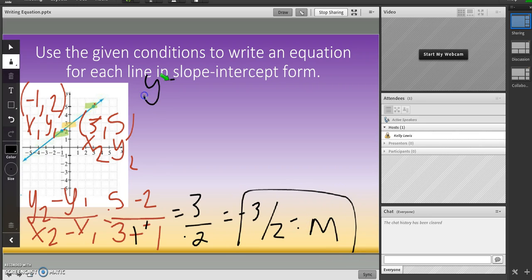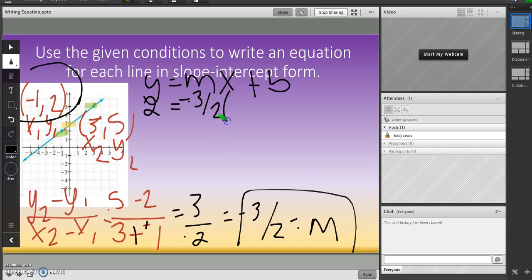So we have y equals mx plus b, slope-intercept form. I'm going to use this point just because it's smaller and first. So the y value is 2. The m is -3/2. The x is -1, and we don't know b. So 2 equals +3/2, because a -1 times a negative is a positive, plus b.